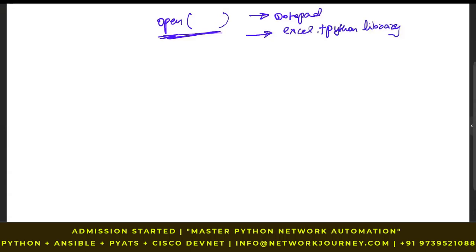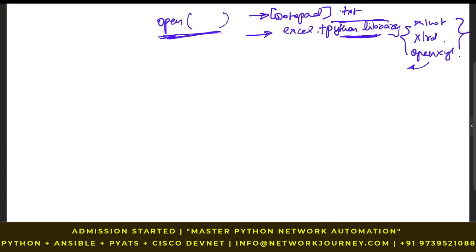It's not as simple as reading from a simple notepad. You need another library like XLWT, XLRD, OpenPyXL. There are a lot of libraries which are specialized in reading and writing Excel sheets, to or from an Excel sheet. Okay, the read and write operation.